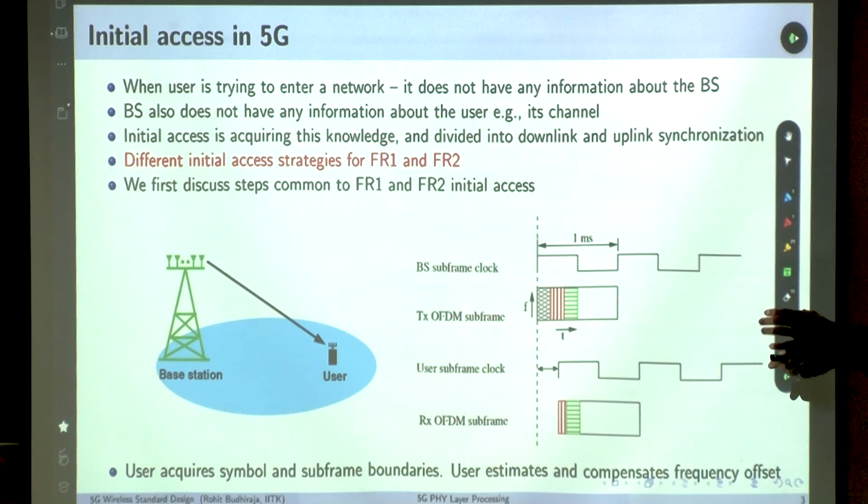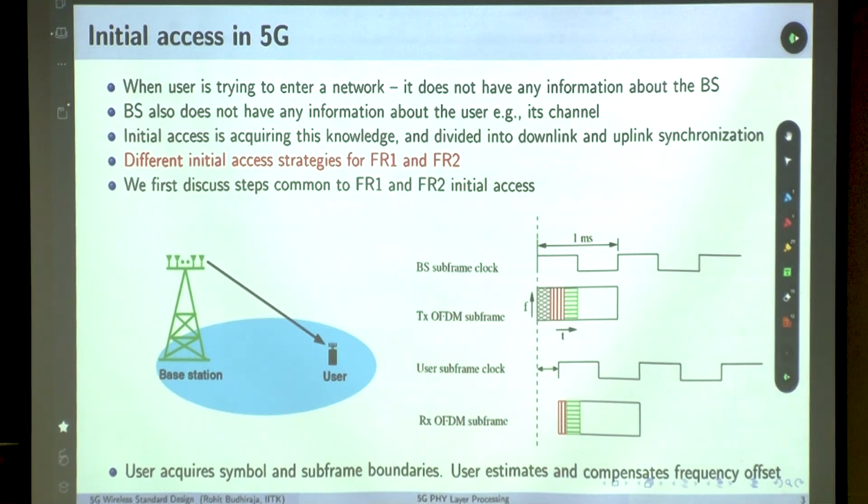The user will receive it with some delay, because that's the flight delay. Let's say downlink synchronization is done somehow. This is the actual symbol of the slot. Now, due to this flight time, the closest user will receive this entire frame with a certain delay.